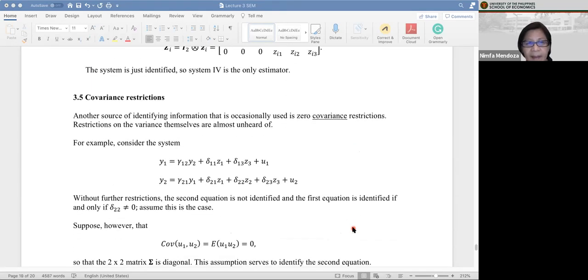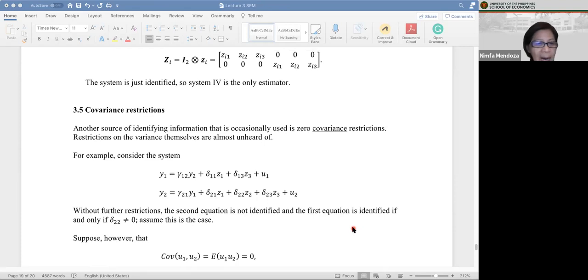Next, let's look at covariance restrictions as another source of identifying information. We have covariance restrictions, and the restrictions are usually of the form that some errors or disturbances have zero covariances.